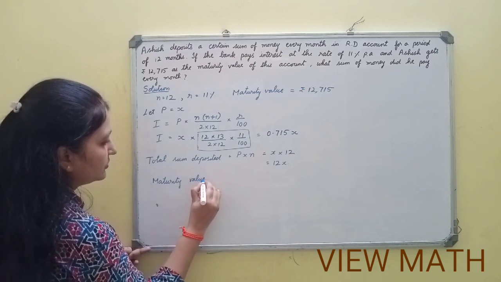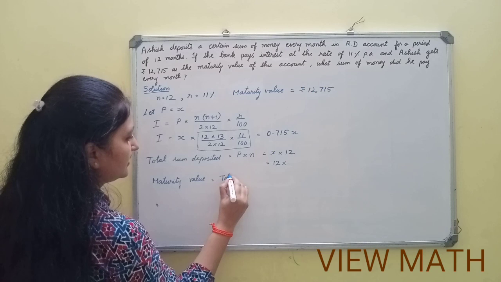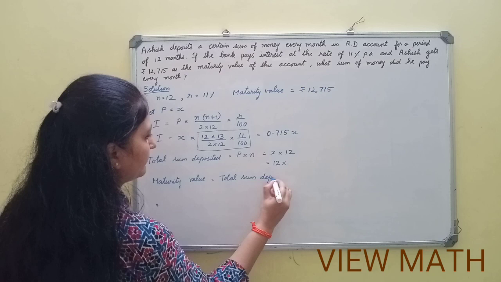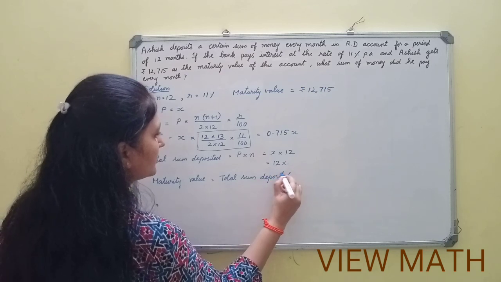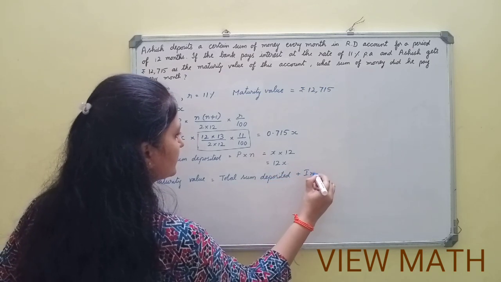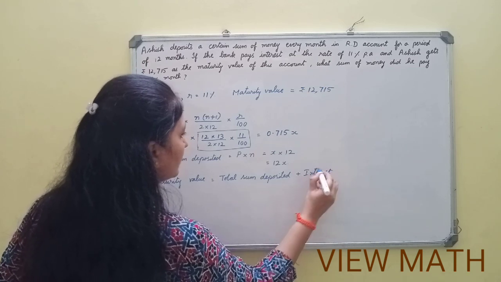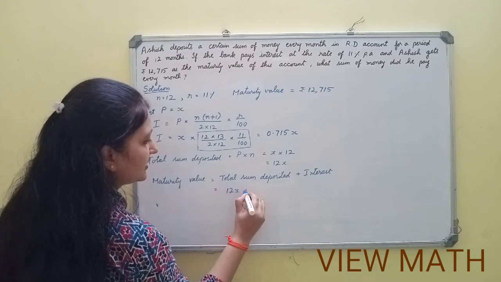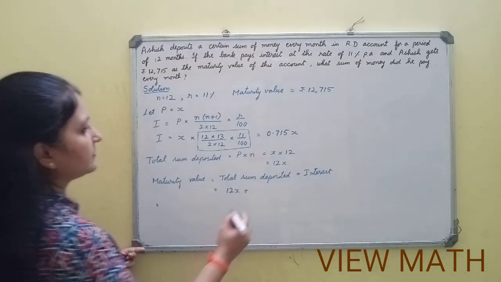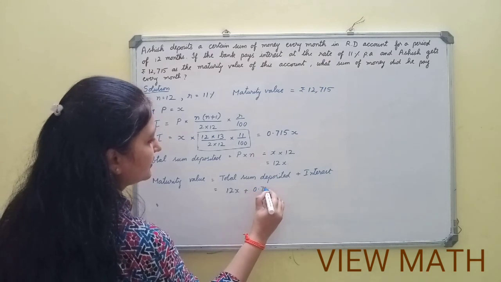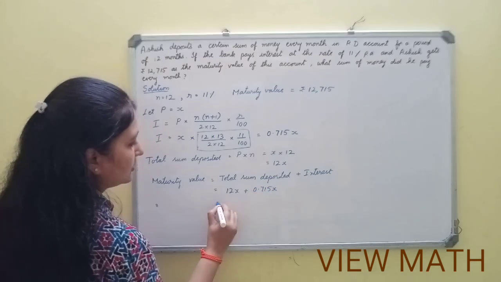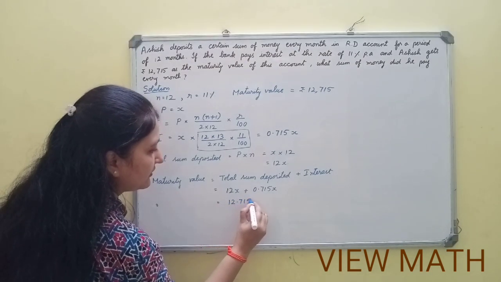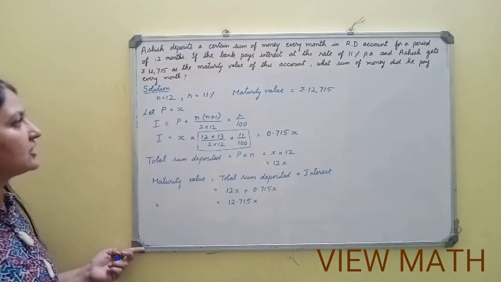Maturity value is equal to total sum deposited plus interest. What is the total sum deposited? 12X plus interest 0.715X. Now if I add this two, I will be getting 12.715X.